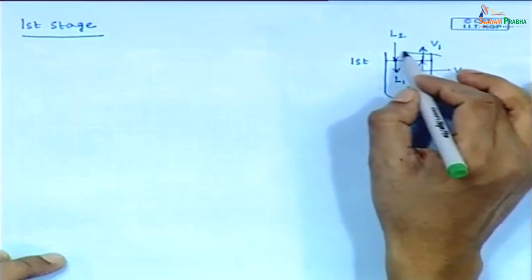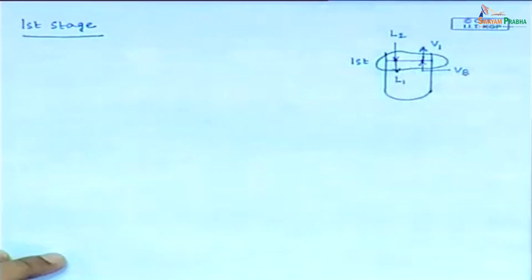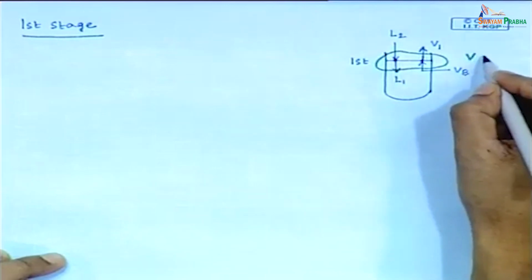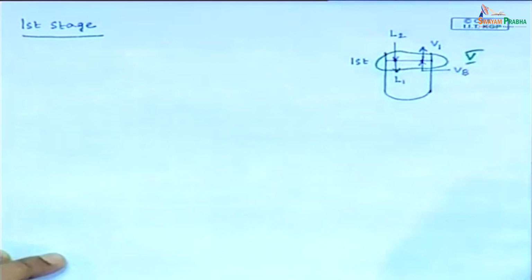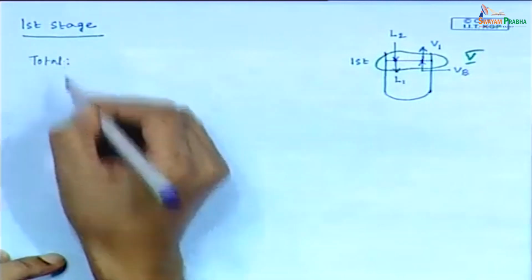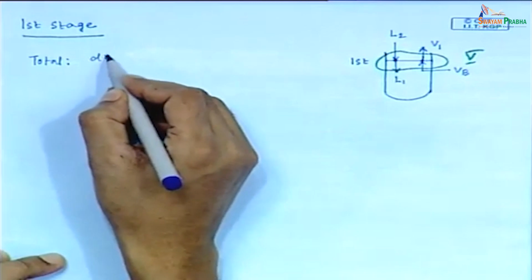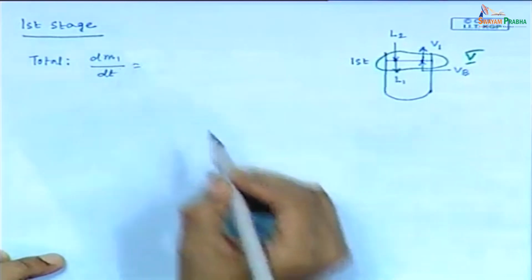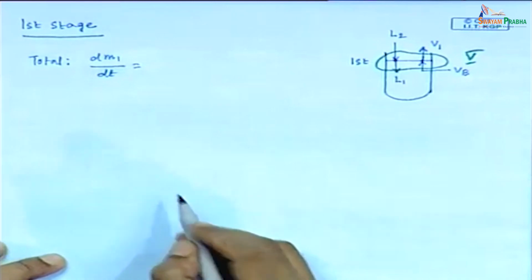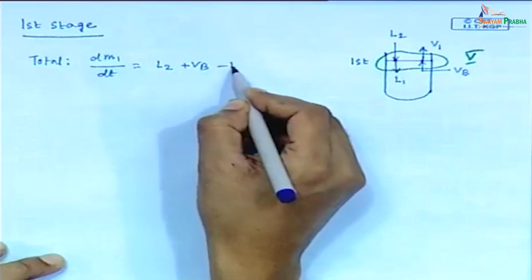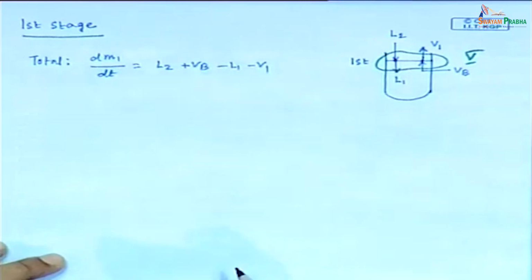So, this is the fifth envelope. What will be the total mass balance? If hold up is M1 for the first stage, then dM1/dt equals L2 plus VB minus L1 minus V1. Agree?